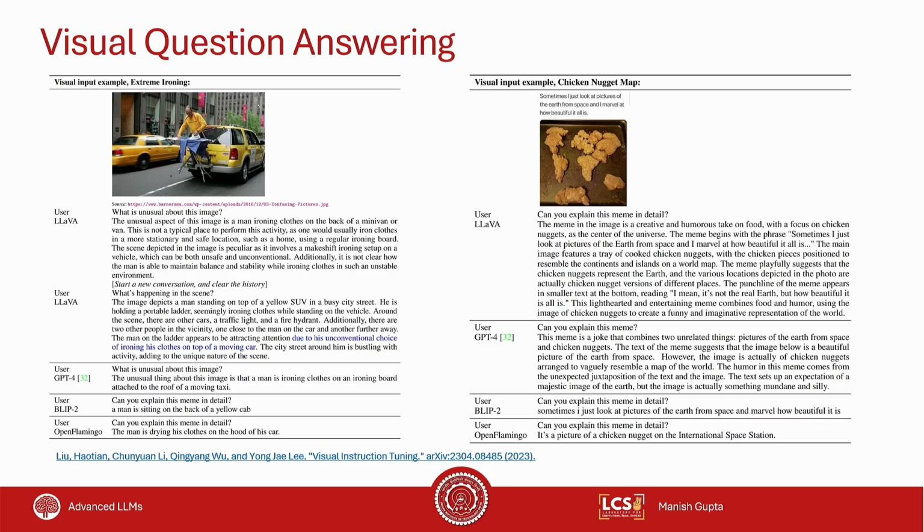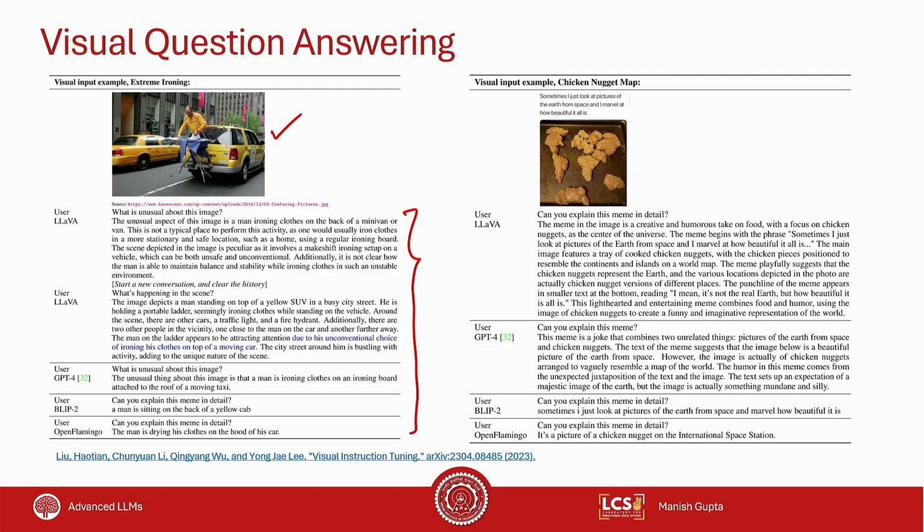And these examples are super popular, essentially coming from the oldest GPT-4 papers, right? And then almost everyone tries to show the results with the different kinds of models on these examples that you see. I mean, what is abnormal about this image, or can you explain this meme in detail kind of examples, right? For example, what is unusual about this image?